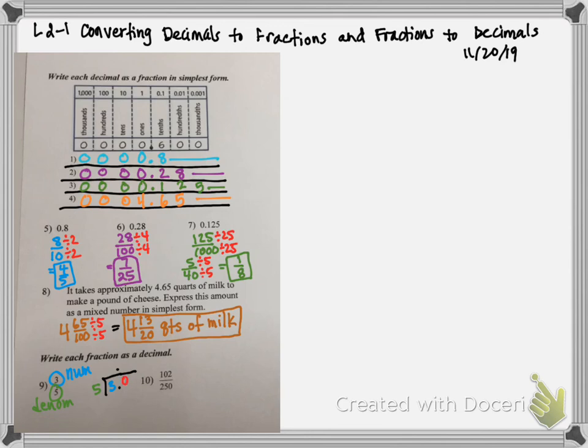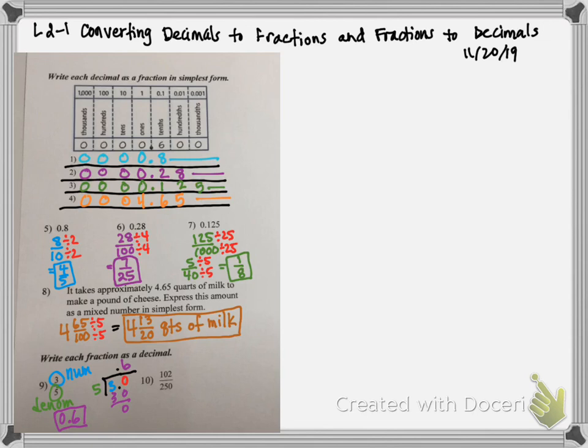So 5 can go into 30 6 times evenly. So I can say that 3/5 is the same as 6/10.